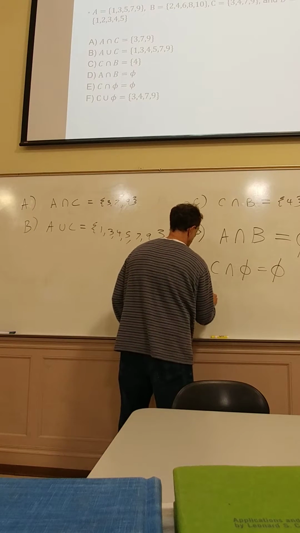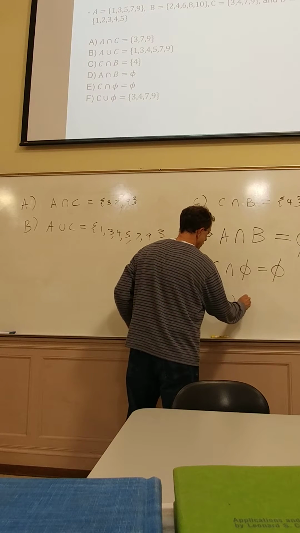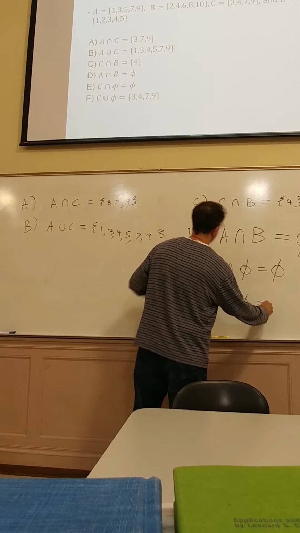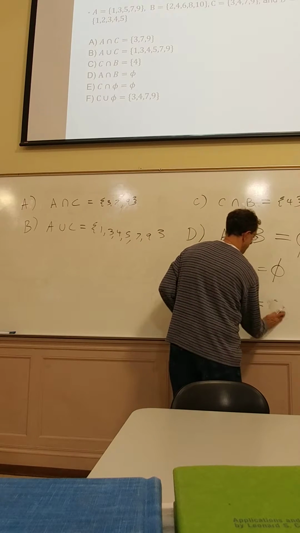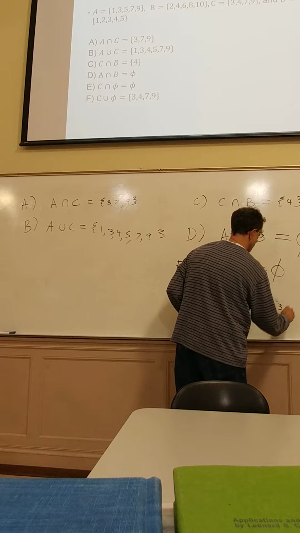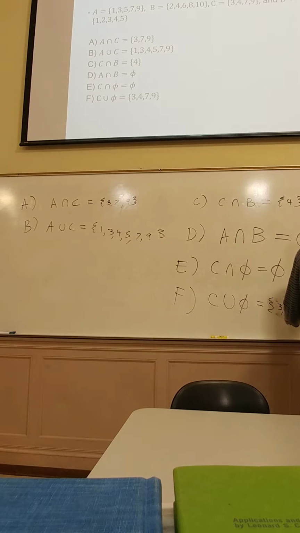But if you take the set C, which is 3, 4, 7, 9 again, and union it with the empty set, you get 3, 4, 7, 9 back, which is C. I'll actually write that result. Because if you chase elements, you'll get 3, 4, 7, 9 by just picking out everything in C. And of course, that is C.